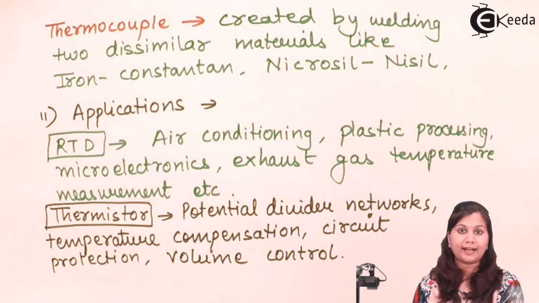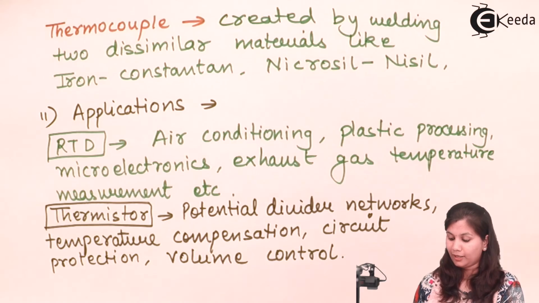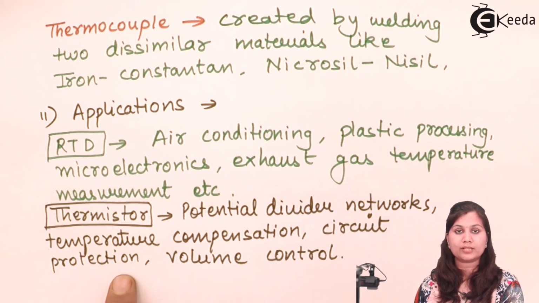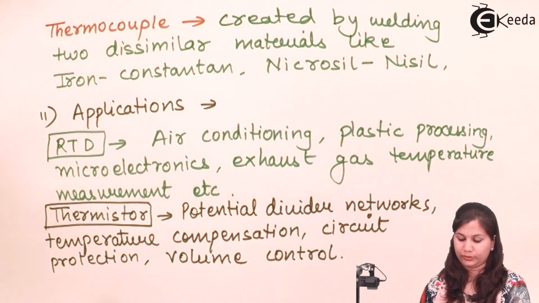Because thermistors are highly sensitive, if there is any change in temperature, it can be easily measured by it. So they are highly used in the circuit protection networks where they are used in combination with the relays. Okay.